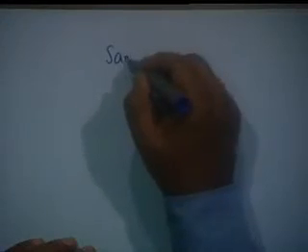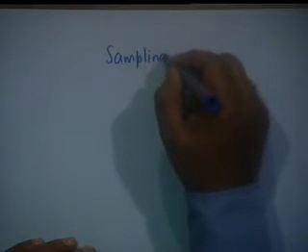We now look at the sampling process. We have already introduced small omega, the normalized digital frequency. We now look at the sampling process in a little more detail.